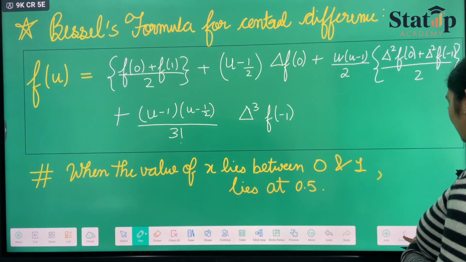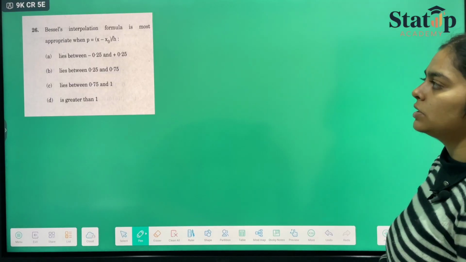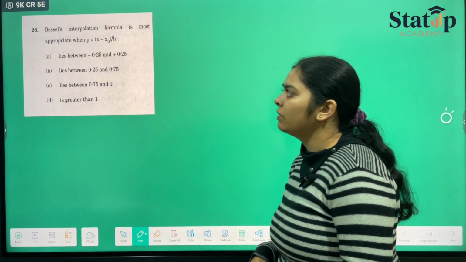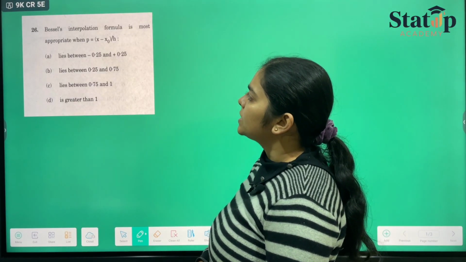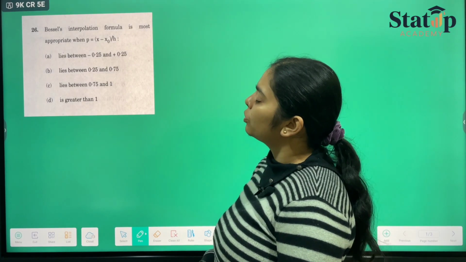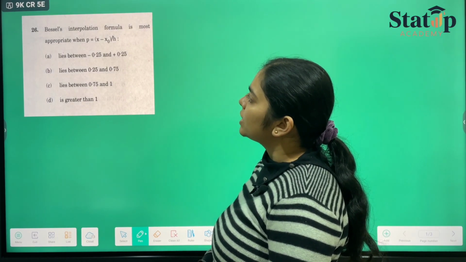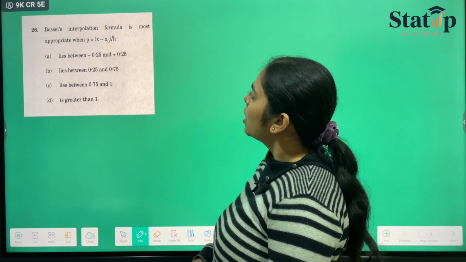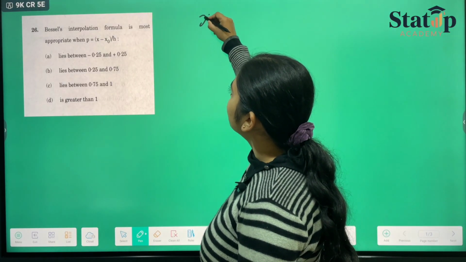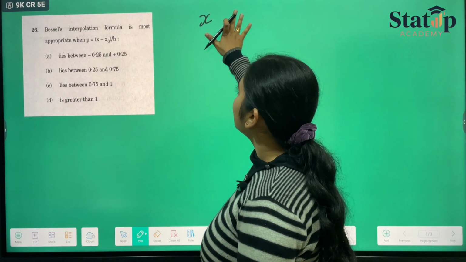Let us see one PYQ on Bessel's formula. This PYQ states that Bessel's interpolation formula is most appropriate when P is equal to x minus x naught upon h, which means x lies between. P here means u.